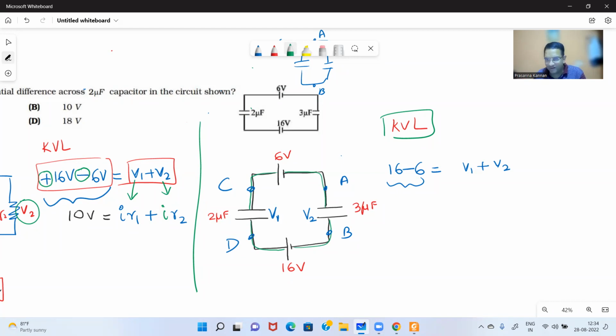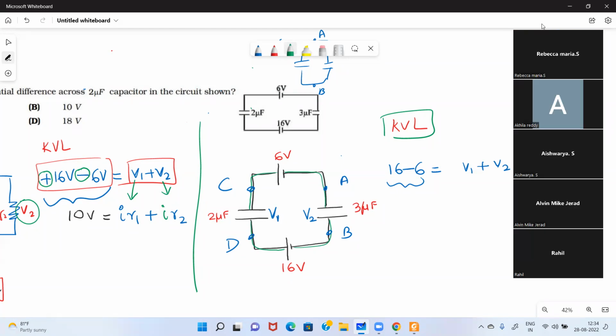Are you all listening? I'm not hearing answers from everybody. Series. Then what will be the same in them? The charge will be the same. So both of them will have the same charge. Got it?